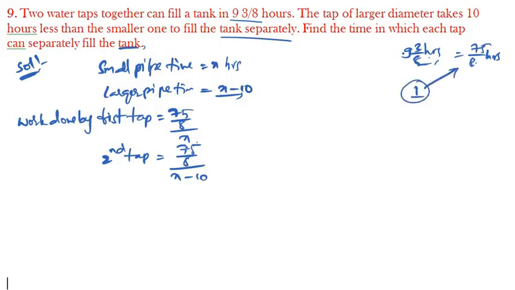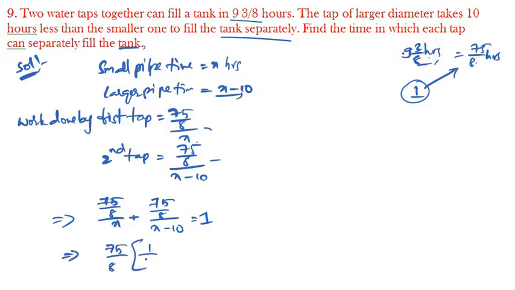So we have to add these two, and then one tank will be filled. So 75 by 8 by x plus 75 by 8 by x minus 10 is equal to one tank filled. So 75 by 8 comes outside: 1 by x plus 1 by x minus 10 is equal to 1. Okay, so we have to do the LCM and cross multiplication here.